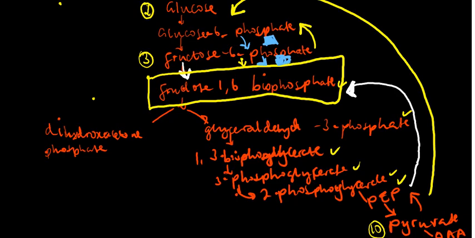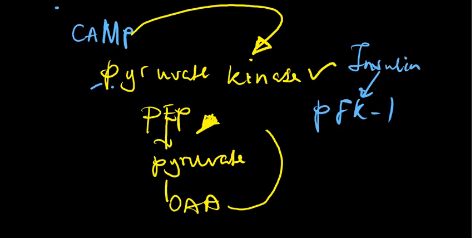So that enzyme is stimulated so that the reversal reaction can occur quite quickly. So pyruvate kinase and the levels of fructose 2,6-bisphosphate are increased, and I'm sure you remember how we talked about fructose 2,6 activity.